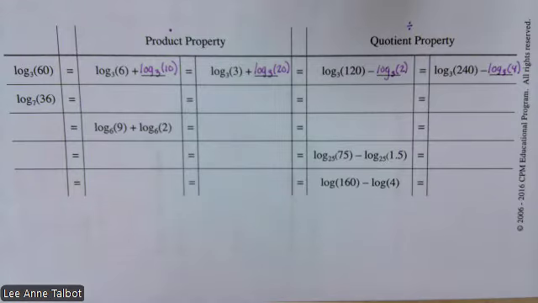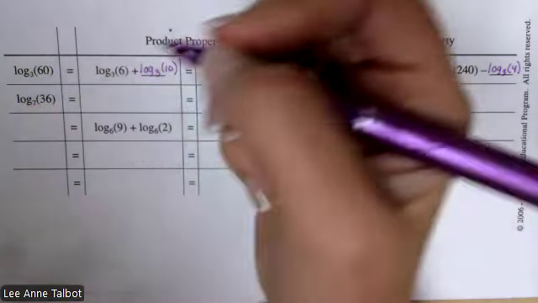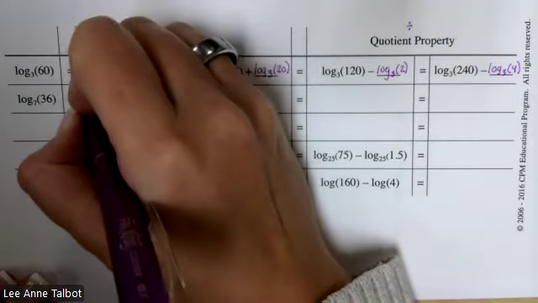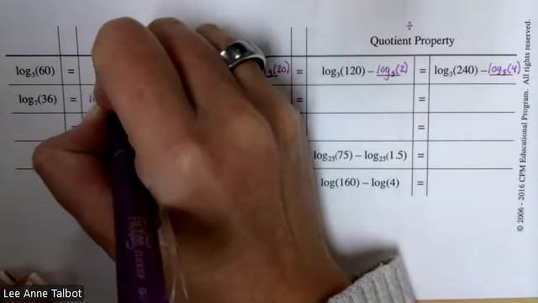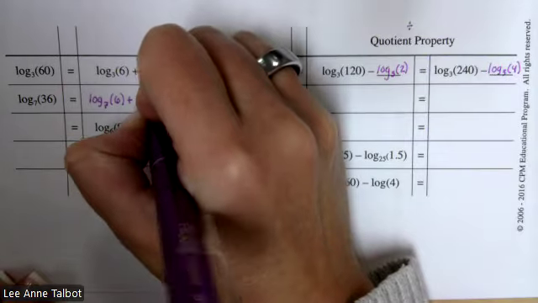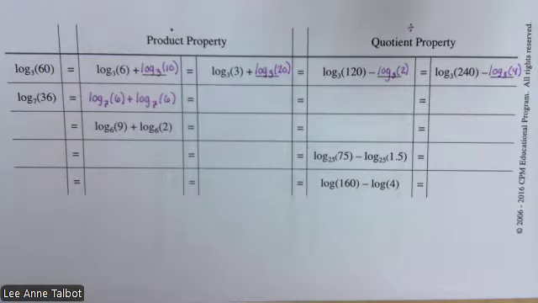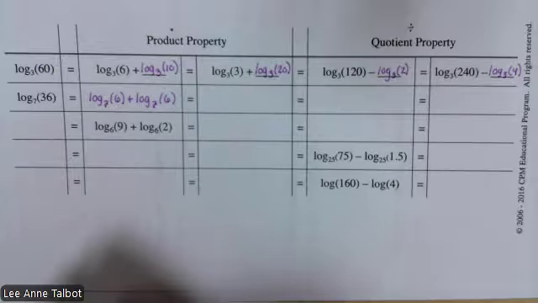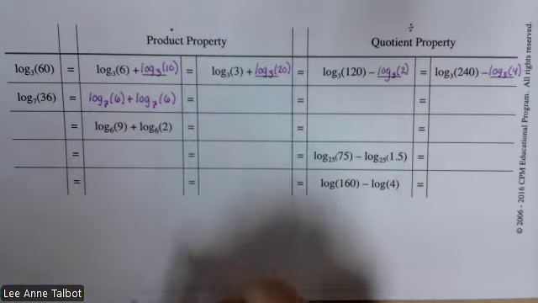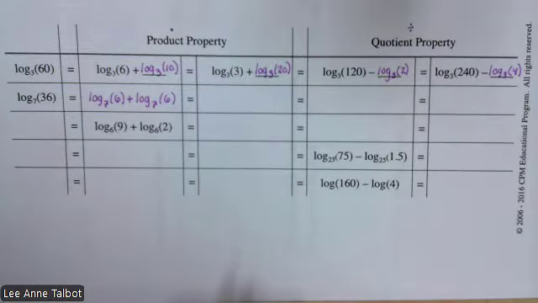Okay, now you're not gonna like the second one because it's choose your own adventure. What that means is you have to think of things that multiply to be 36 and divide to be 36. Whatever you want. It could be 36 and 1, could be 6 and 6, could be 9 and 4, could be 3 and 12, 12 and 3, 4 and 9. Is that all of them?